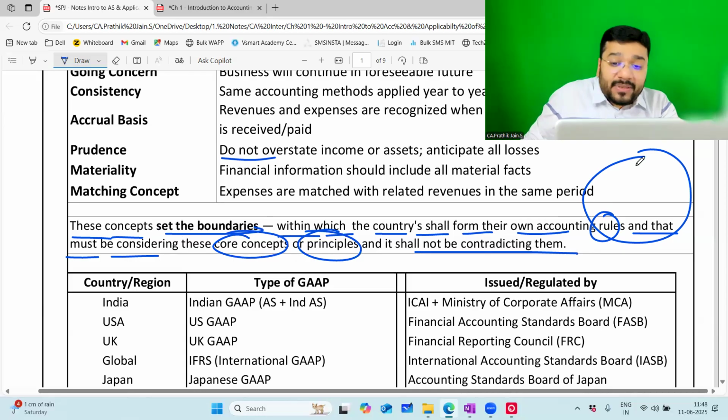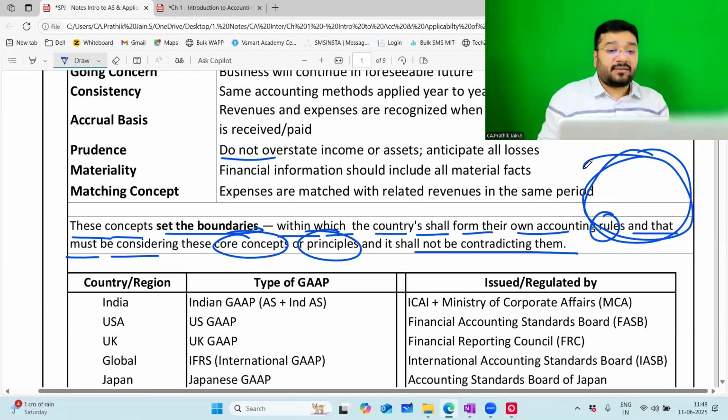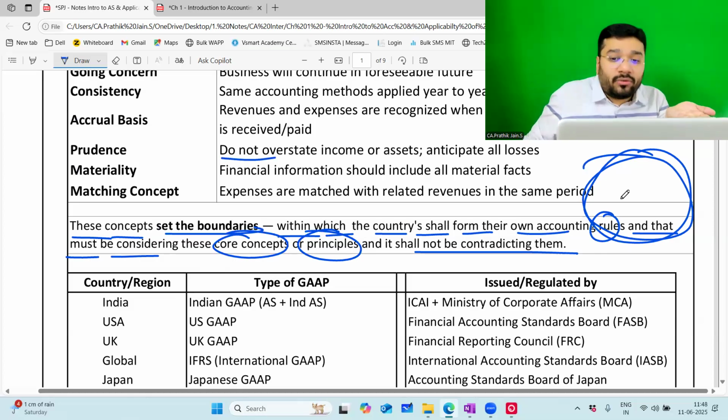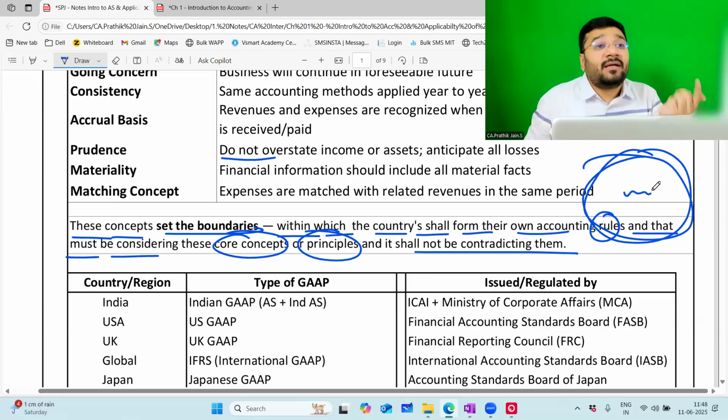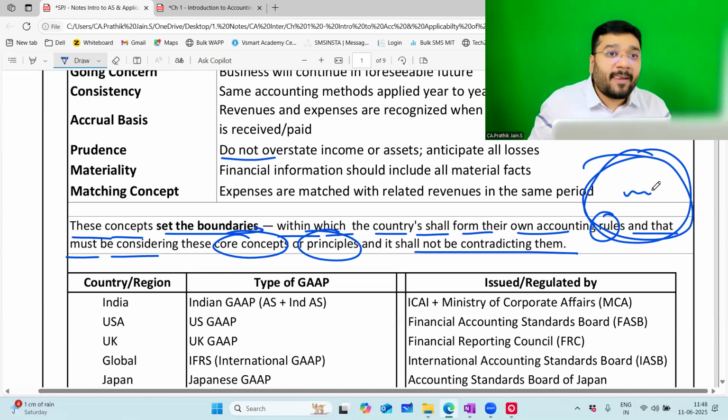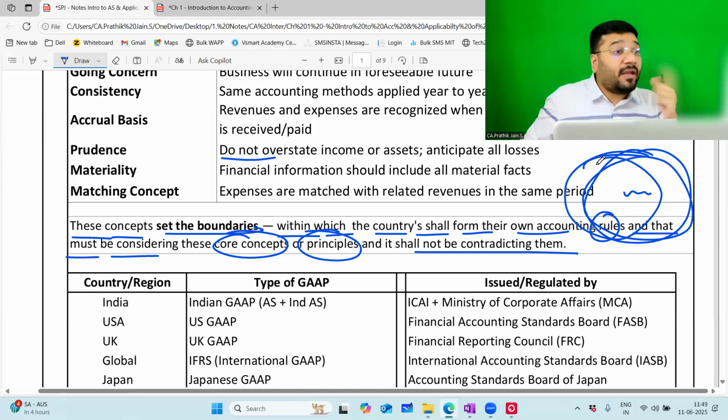GAAP has given the complete principles, policies, standards, rules, basics. Within this, you can modify the accounting standards considering your own country's economic and legal challenges. Whatever rule you frame should be well within the boundary wall, within the framework of GAAP.